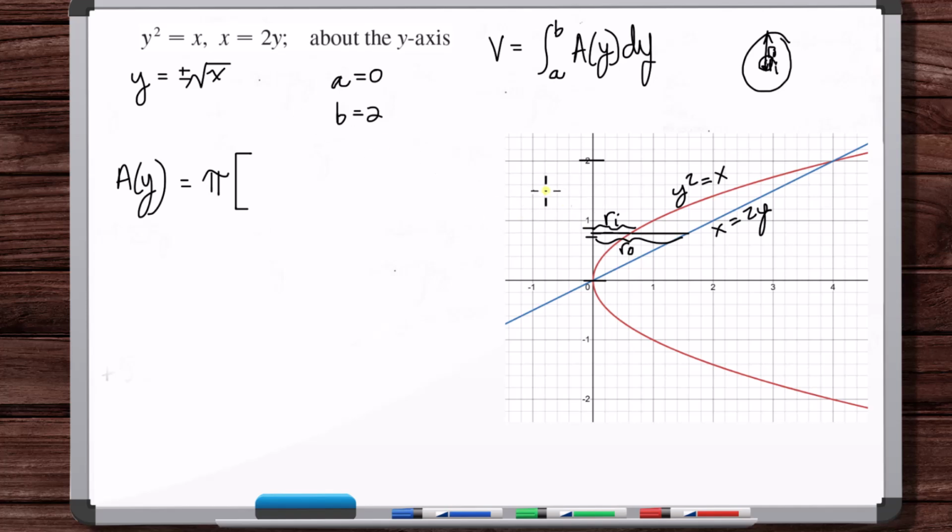The idea is, with y squared equals x, if y is equal to 1... no, actually, we leave it like this. This is just x equals y squared. So yeah, it's just y squared.